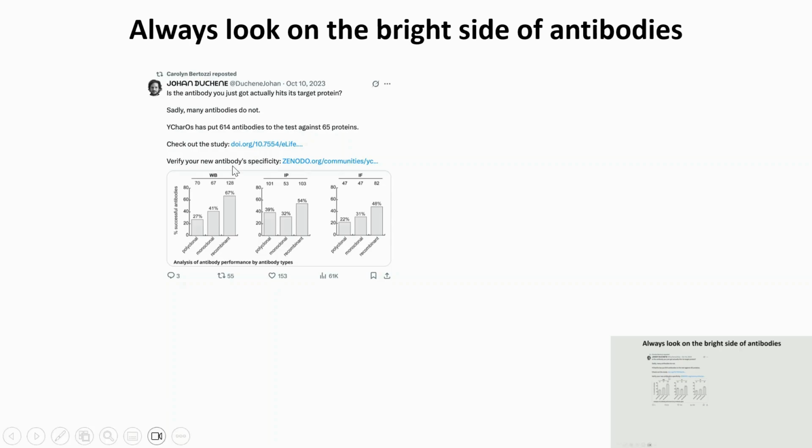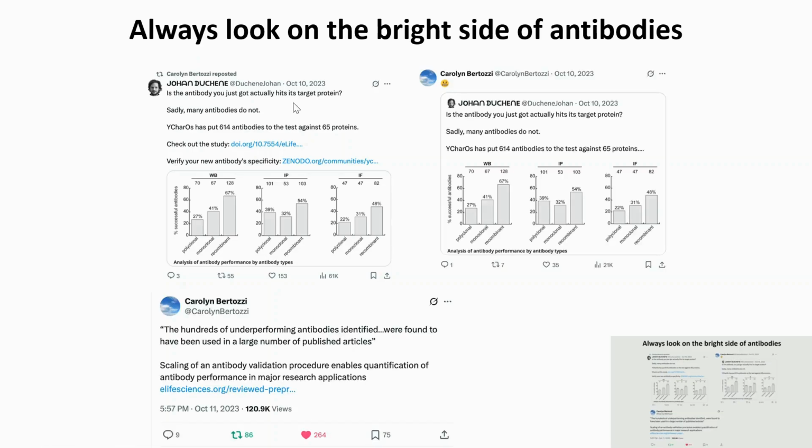And this is also an example, a tweet I made about Carl's and Peter's paper when it was published. You all know about this paper about the antibody validation protocol, which was published in eLife. And what happened is, as you maybe noticed, Carolyn Bertozzi retweeted this post.